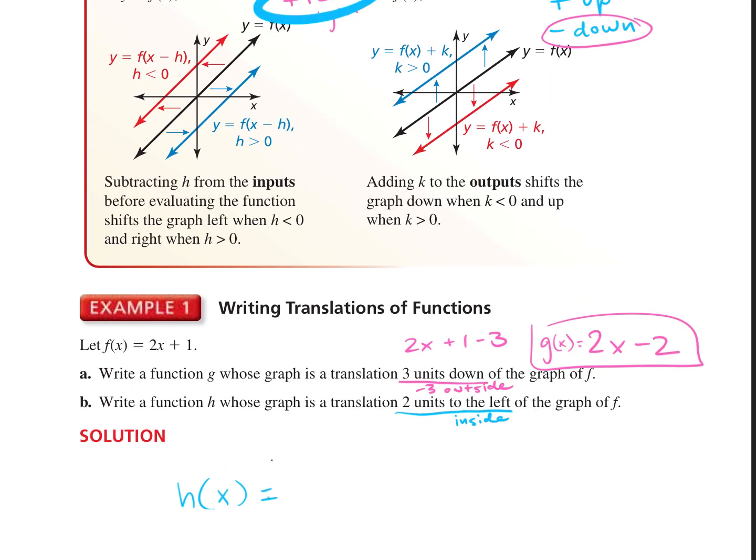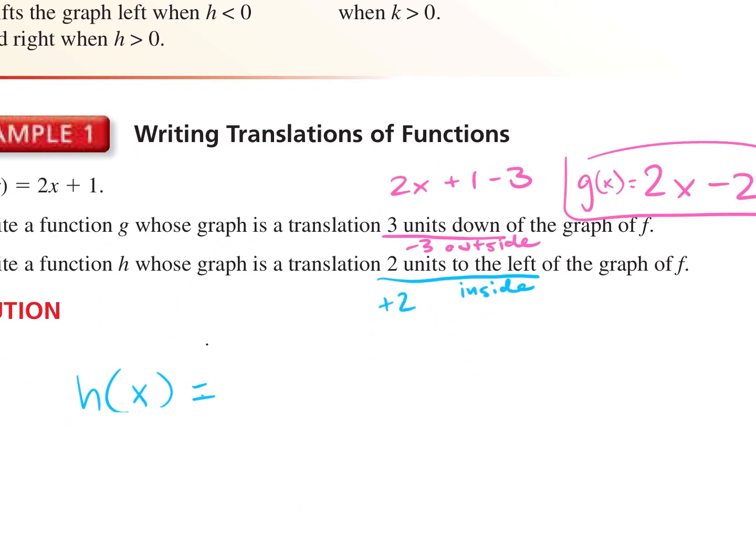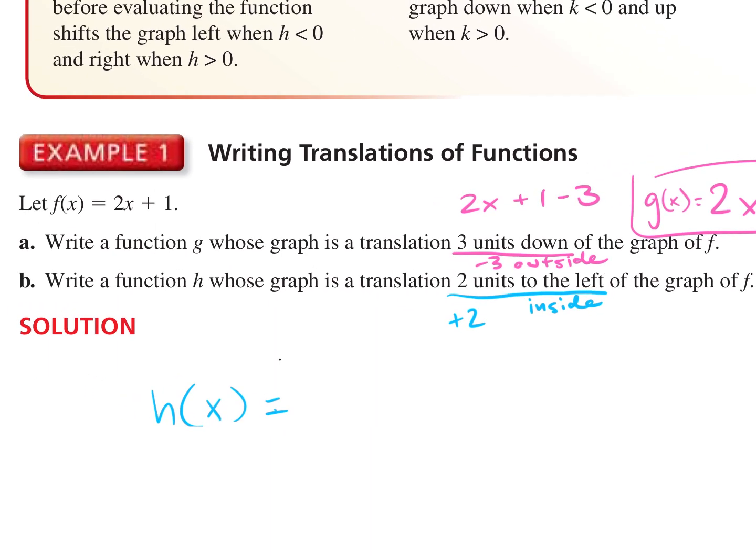Adding moves to the left. So we would add 2 inside. So inside meaning that it's going to happen directly to the x. So my function here was 2x. Now inside, I'm adding 2 to show that I'm moving it to the left, plus 1. So I just applied it directly to the x.